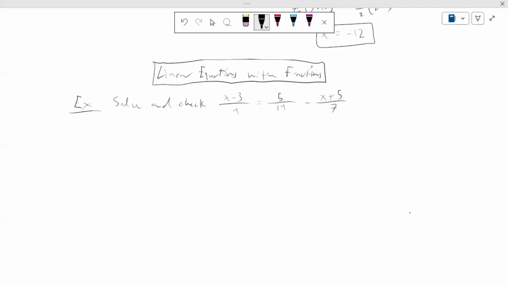So how do we solve this one? Well, we all hate fractions, right? Even me. So let's get rid of the fractions.